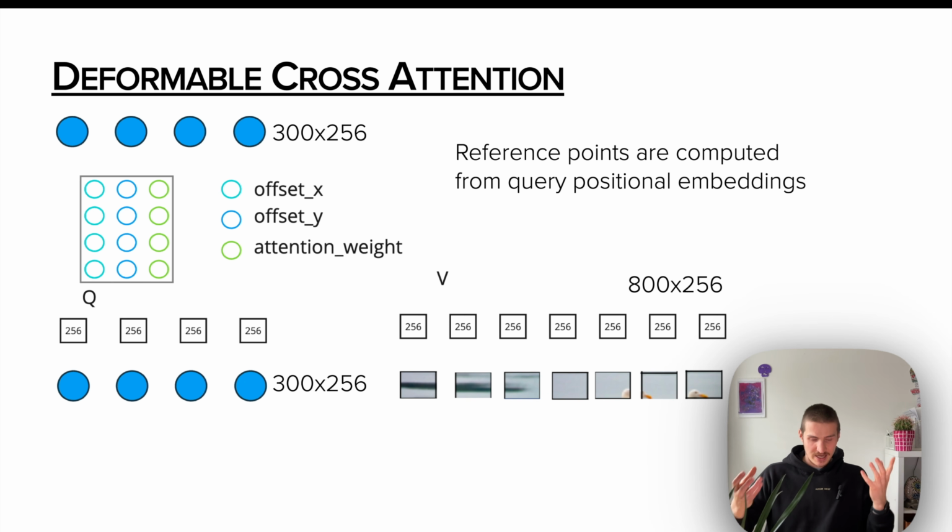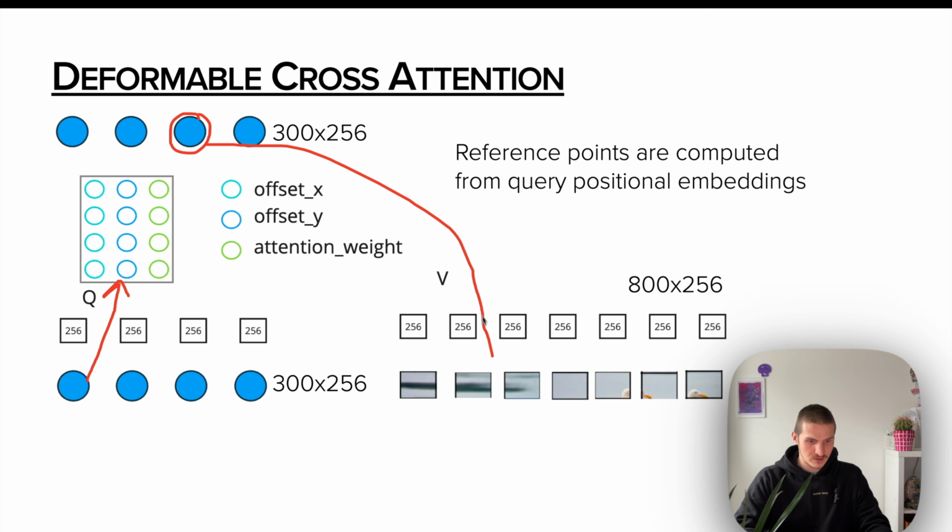We have values coming from the image, basically. So values will represent the actual sequence elements of the image. And then once again, we project every query embedding to offsets and attention weights. We also project every query element to some reference point, as I've described before. And then we use these offsets to decide which particular elements with respect to this reference point to attend to and what should be the attention weights.